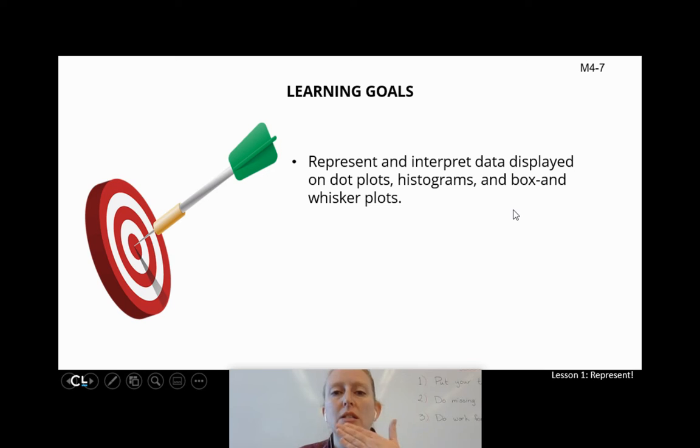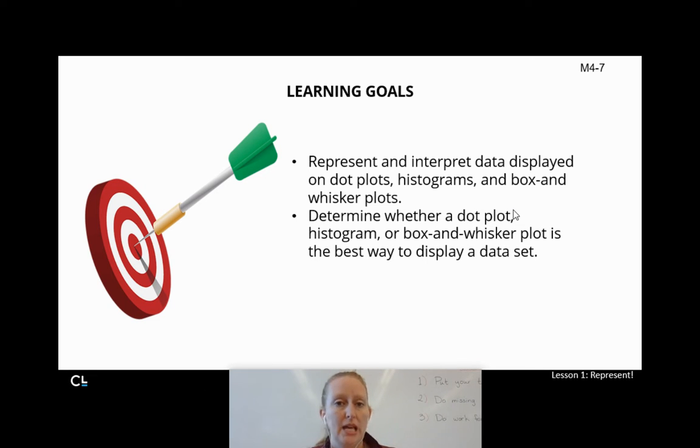So we're gonna start digging into box and whisker plots today. Again, representing these things, but also, how do you make it? How do you draw it? But also determining whether or not it's the best way to display the data. So we said dot plots are great if you have a small amount. Histograms are great if you have a large amount.